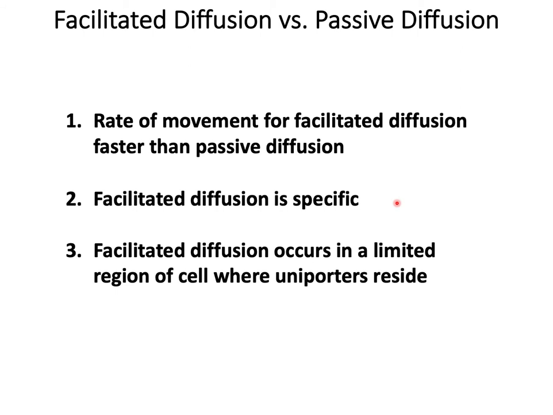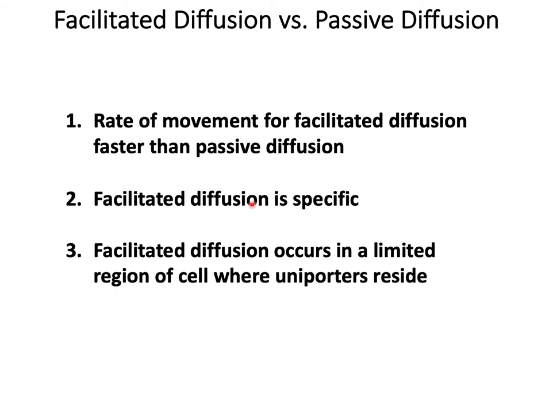Instead of the substance moving through the hydrophobic core of the lipid bilayer, the substance is actually moving through the transport complex, which has a hydrophilic core. It is moving through the hydrophobic bilayer, but it is not in contact with the hydrophobic part of the membrane. It is actually exploiting the hydrophilic core of the protein to move through. As you have removed the rate limiting step, it is much faster.